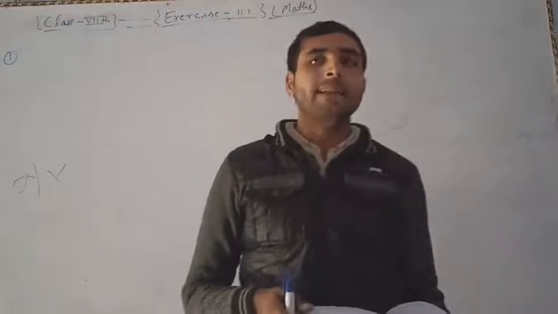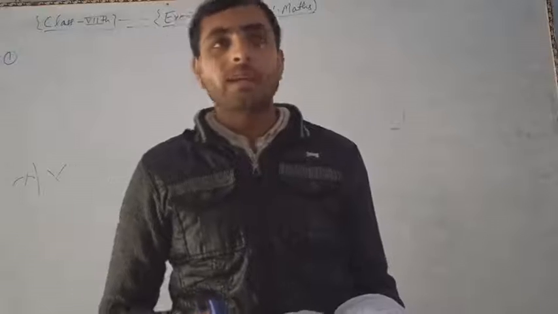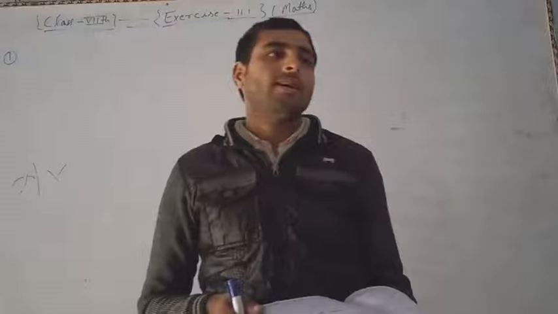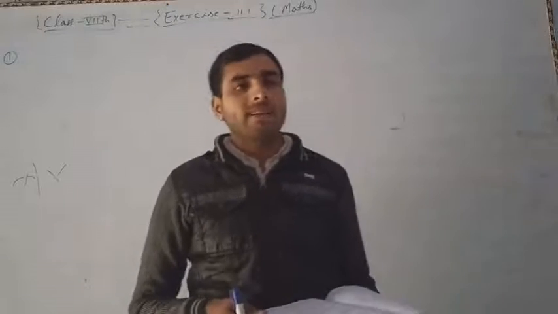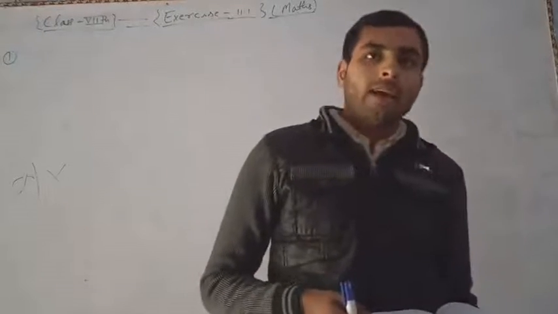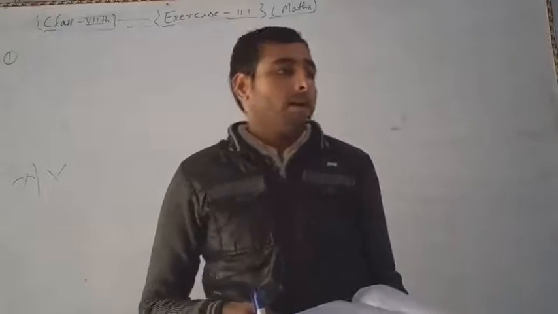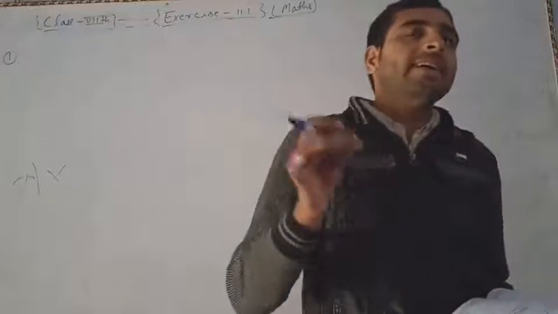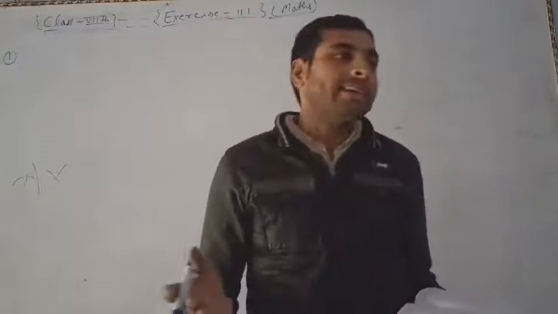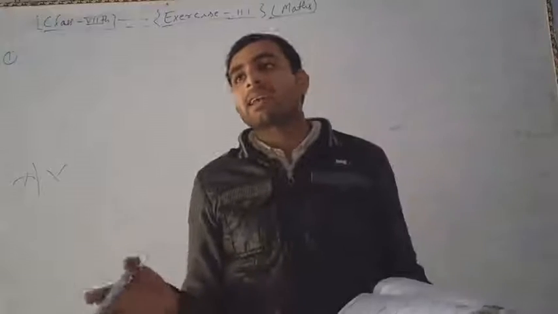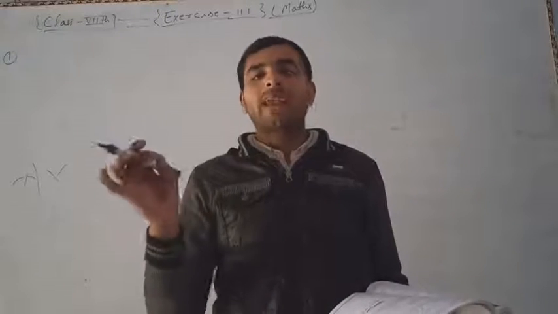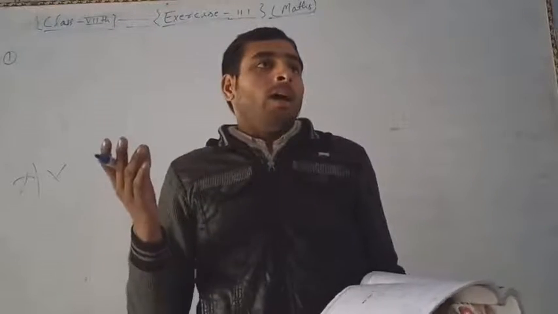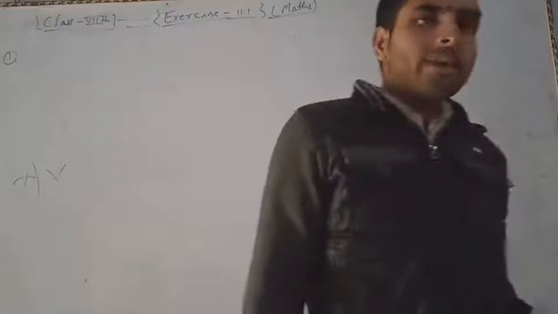What is an acute angle triangle? Such a triangle in which no angle of the triangle is equal to 90 degrees, or we can define it this way: a triangle in which all three angles are less than 90 degrees. And what is a right angle triangle? A right angle triangle is such a triangle in which one angle is 90 degrees. And what is an obtuse angle triangle?